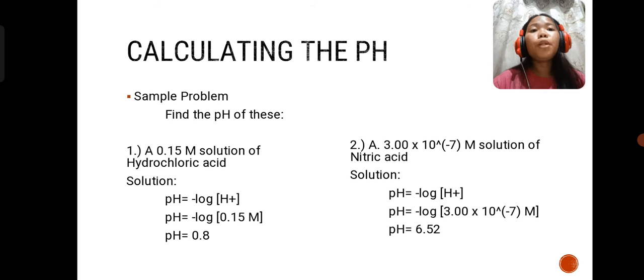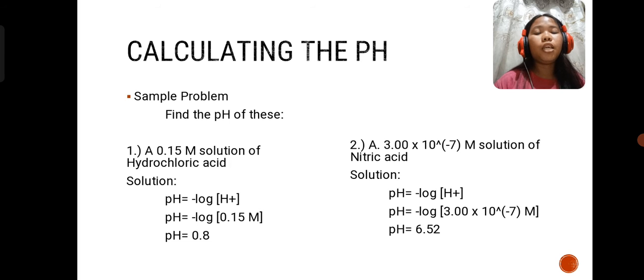And then, sample problem. Find the pH of this. The 0.15 is the molarity of the hydrogen ion present in hydrochloric acid. So, what we are looking for here is the pH. The formula is pH equals negative logarithm H plus.